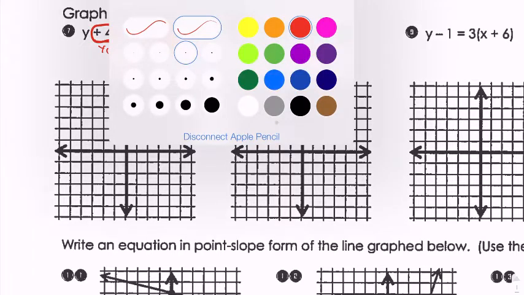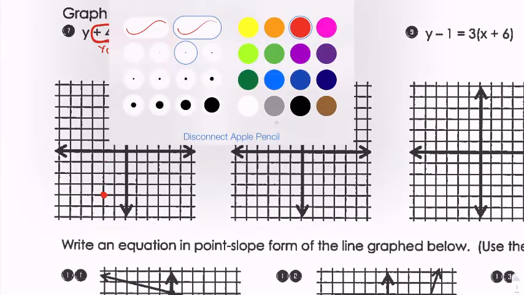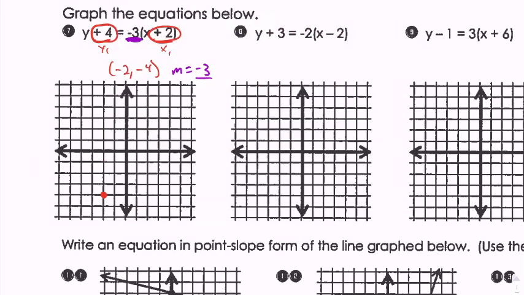All right, then the only number left, this negative 3, has to be your slope. So we plot the point negative 2, negative 4: 1, 2, 3, 4, right down there. And our slope is negative 3, so that means it is negative 3 over 1.